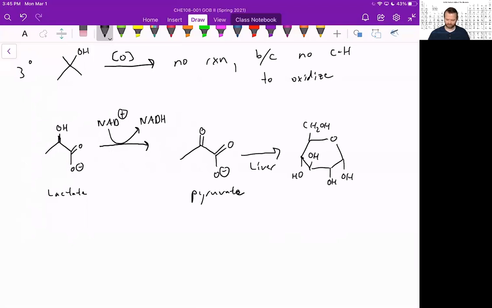Eleven steps later, it's built back up into glucose.